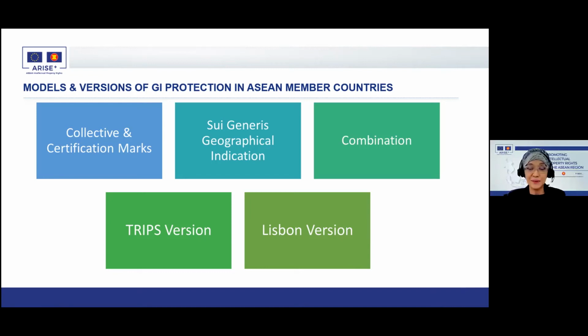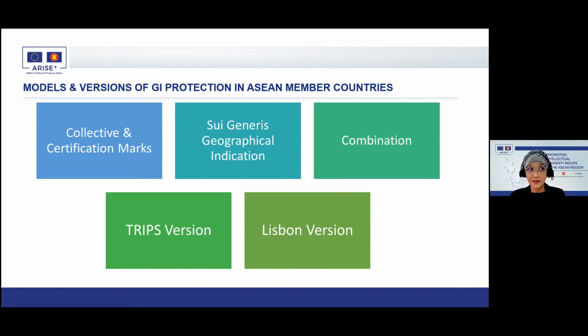So for the participants who come from countries that have ratified the Lisbon system, please kindly note that in drafting the specification document, we have to be an expert in drafting the link between the product and the geographical indications, as we already learned from the definition, right? And then the controlling system as well.